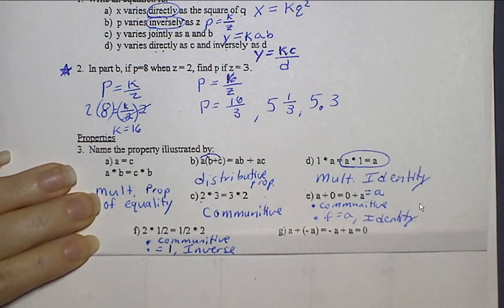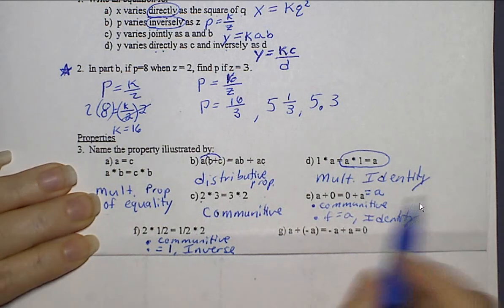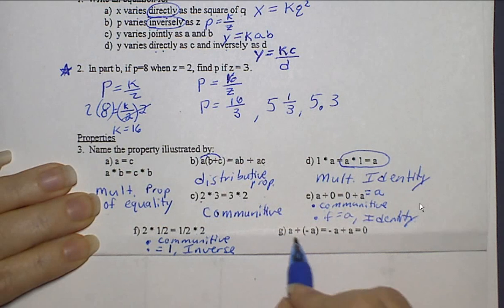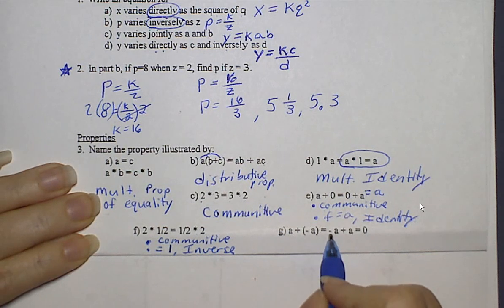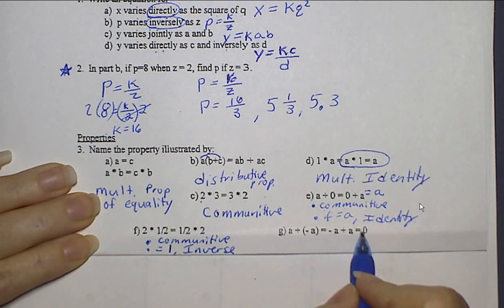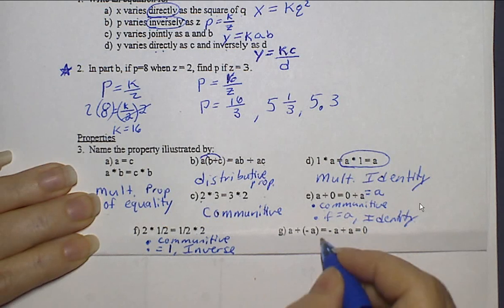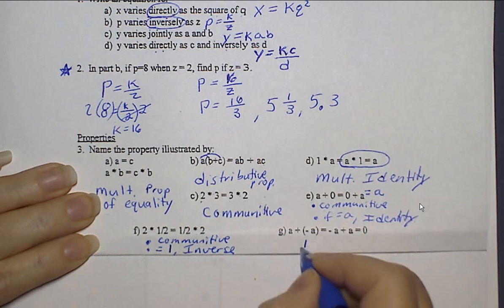Right, because that's the step from 1/2 times 2 equals 1. It's an inverse, and that's because that's the opposite. So over here, when it says A plus negative A equals negative A plus A equals 0, so see how it has a 0 at the end? Now that would be what an inverse would look like for your addition.